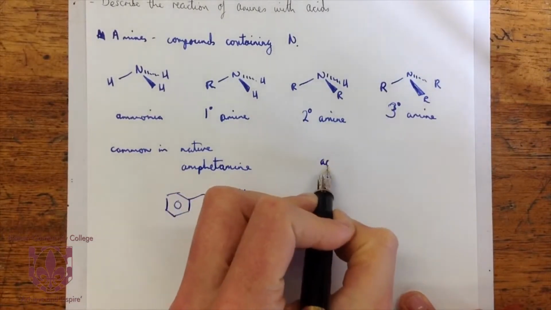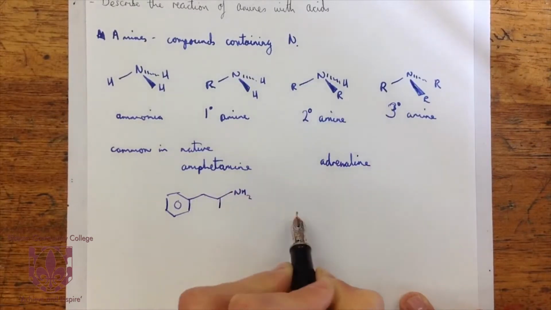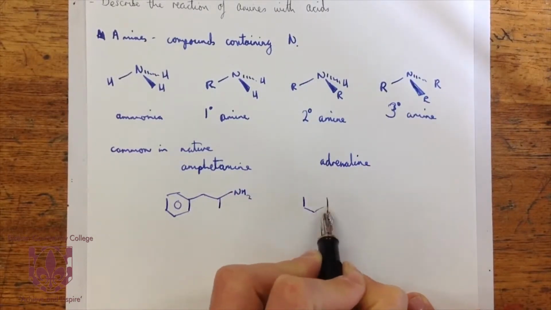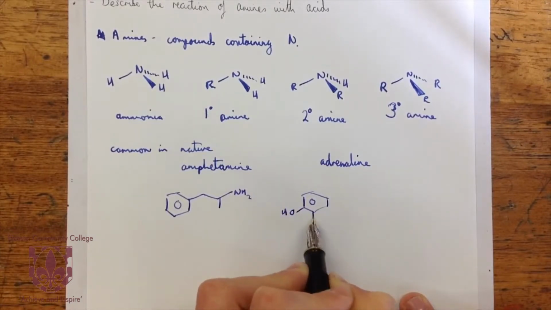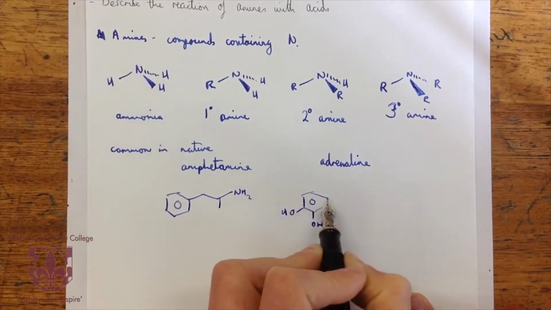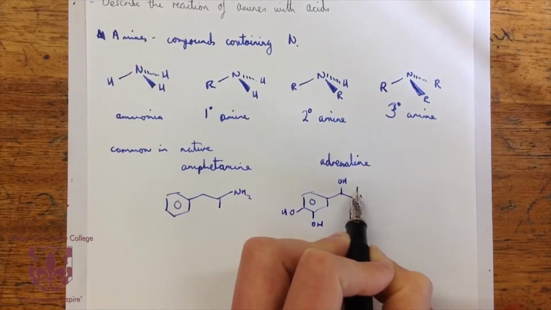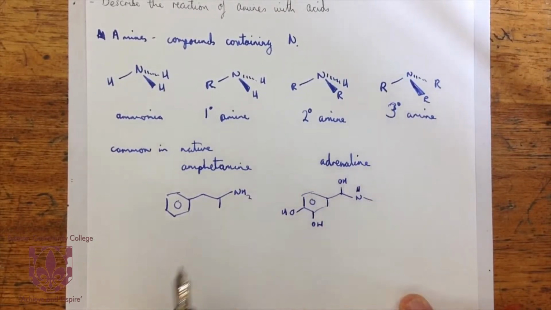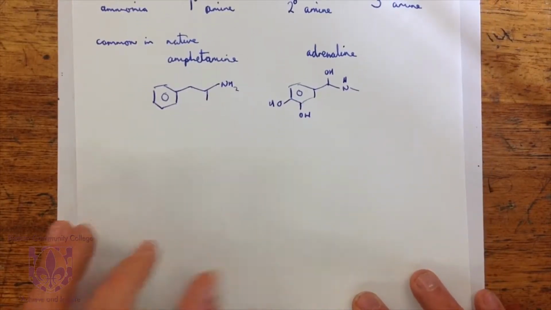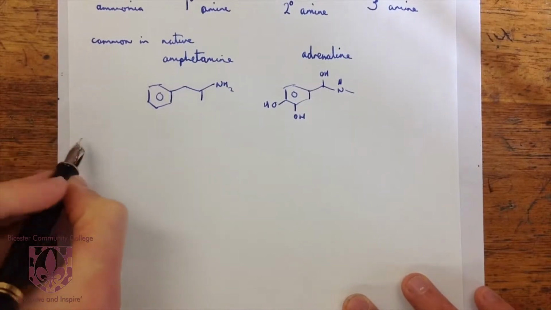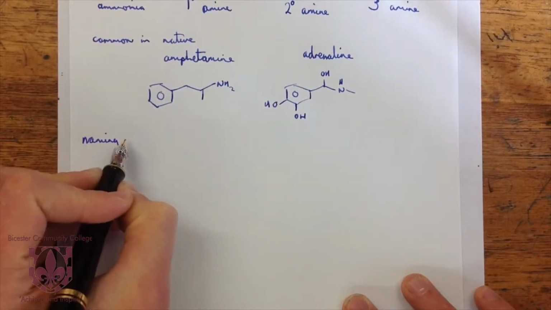And adrenaline, another stimulant. Adrenaline doesn't sound like an amine name, unlike amphetamine, but if we had the very systematic scientific name, it would probably have amine in there somewhere. So naming amines is something we're going to have to do, and I'll talk you through that.